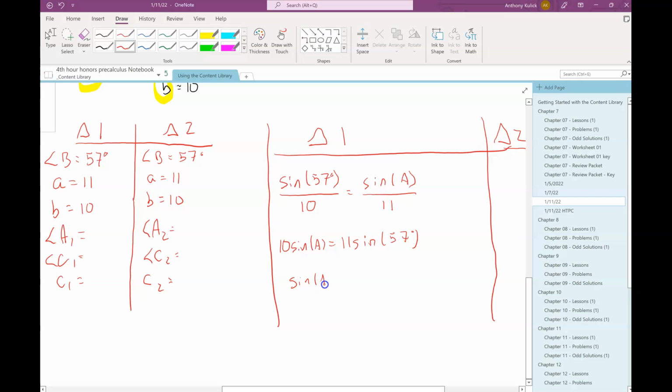Divide by 10. And then to get rid of that sine in front of the A, and really I guess we mean A1 here, sorry, we use sine inverse, right?